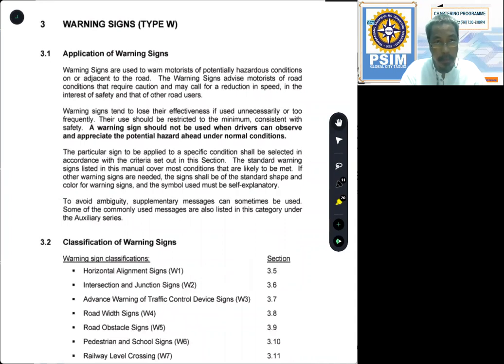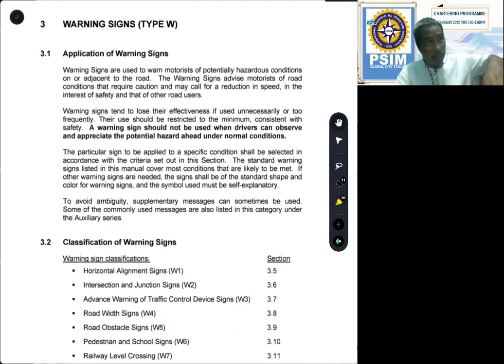So warning signs could be applied to warn motorists of potential hazard on the road or adjacent to the road. So on the side of the road, you see there are potential hazards. So we have to use warning signs, not only specifically on the road itself, but including those adjacent to the road.